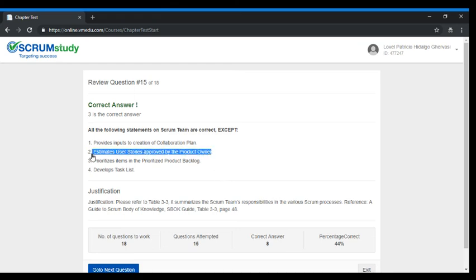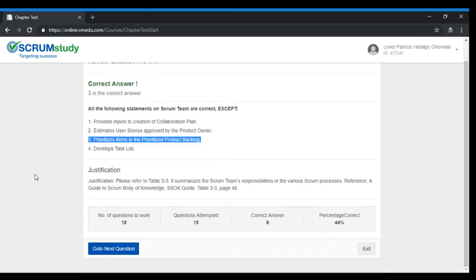Esta la tenía en duda porque, como les digo, el equipo de trabajo no trata con los interesados, pero bueno, ahora haciendo memoria, sí con el Product Owner. Prioriza los enunciados con el backlog y desarrolla el listado de tareas. Esto sí estaba seguro que sí. Entonces, la respuesta era esa. Eso no es un enunciado del equipo de trabajo. No prioriza el backlog del producto, sino del mismo cliente y del mismo equipo de trabajo, de las mismas personas.